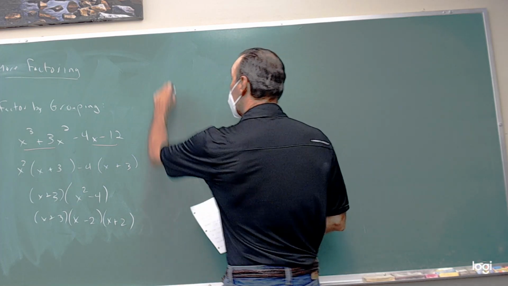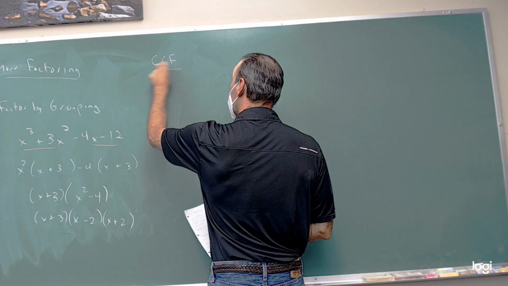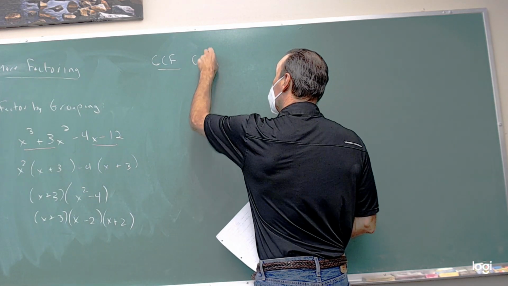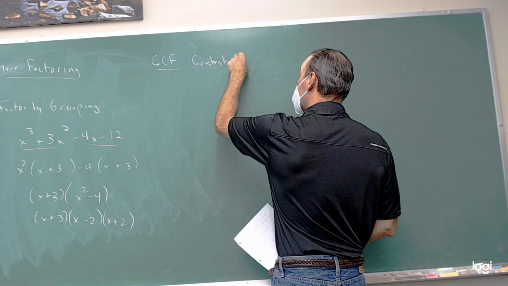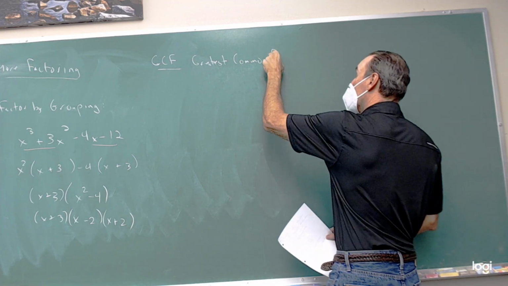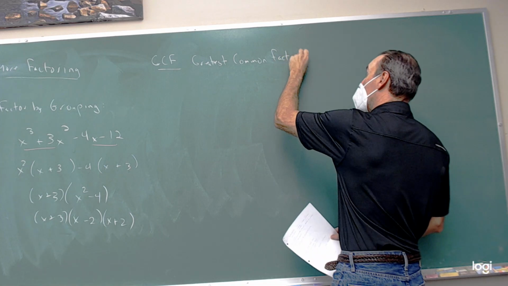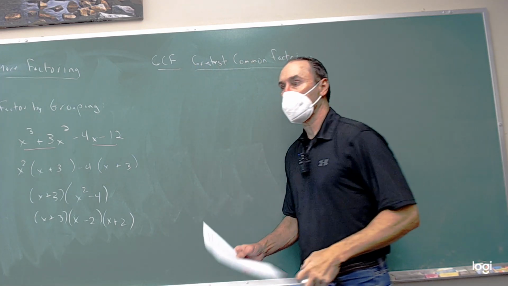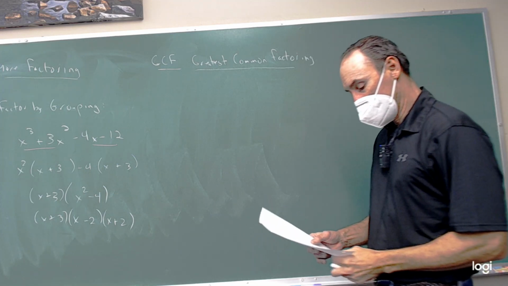There are other things, sometimes, we're going to look for. The GCF stands for greatest common factor. So you're always on the lookout for that. So finding and recognizing and factoring out the greatest common factor just makes your life much easier.